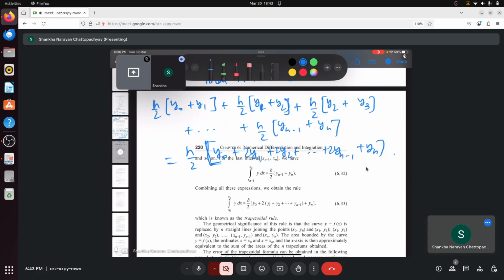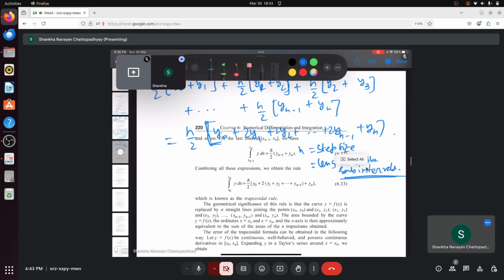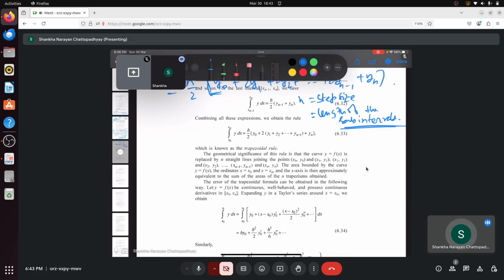Here this h is the step size, or length of the sub intervals, and these sub intervals are of equal lengths. Okay, so this is called the trapezoidal rule.